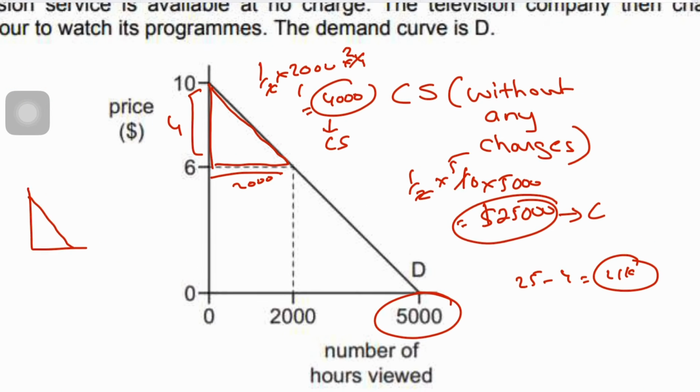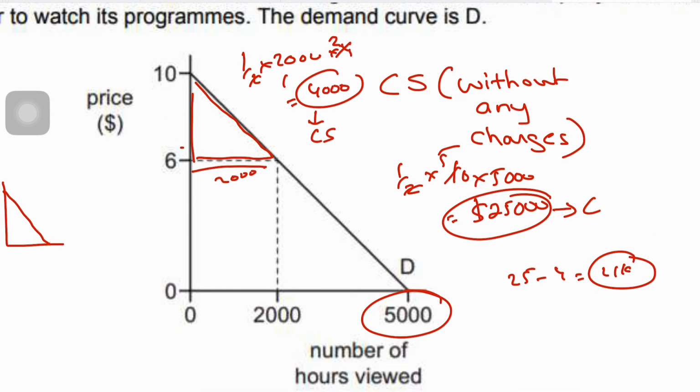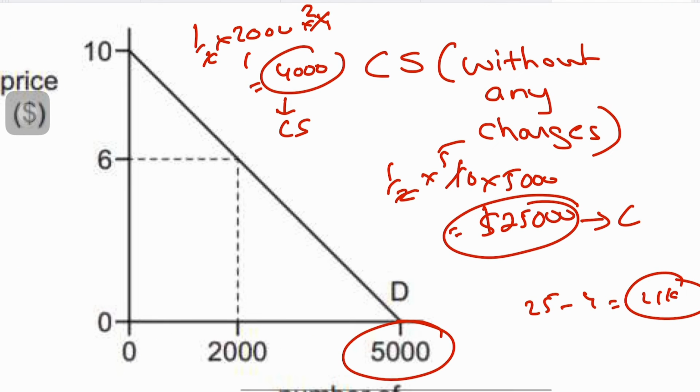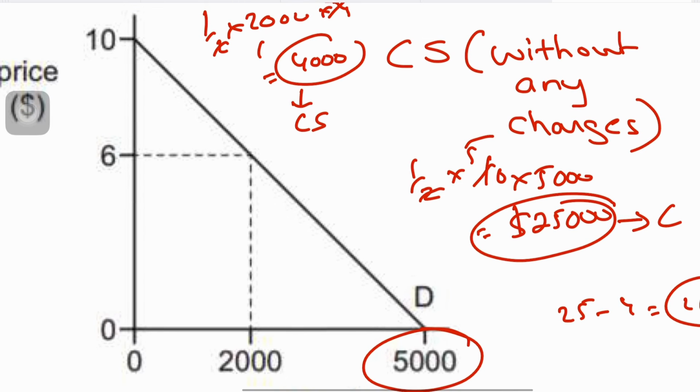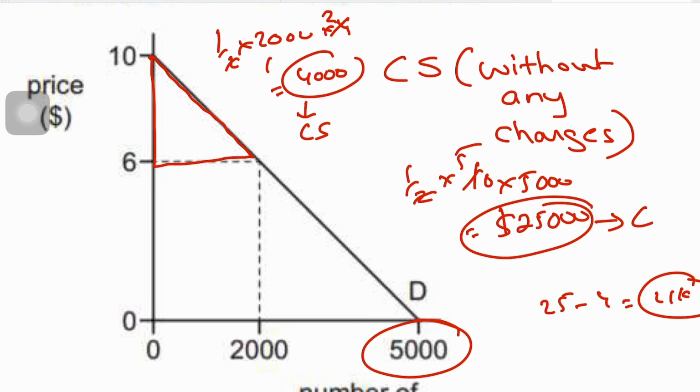And like I said, the area under the demand curve is reflecting how much you're willing to pay. If you're watching 2,000 hours and you're gaining a surplus of 4,000, which is reflected in this region, right? And if you add this triangle and this rectangle up, the triangle and the rectangle give you the total area, reflecting how much satisfaction you're gaining or your total willingness to pay, right?